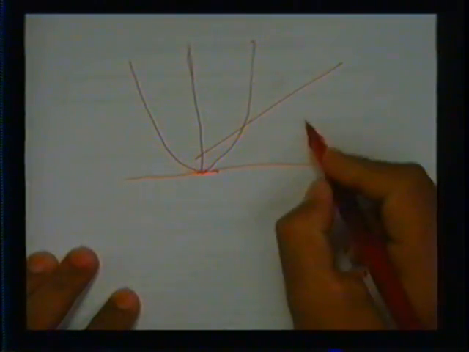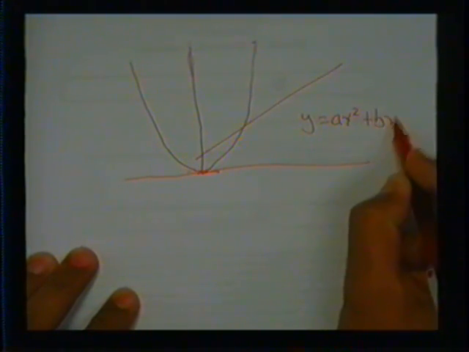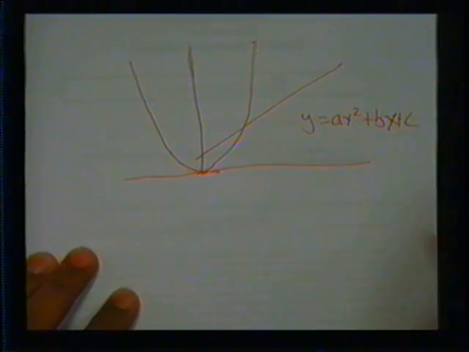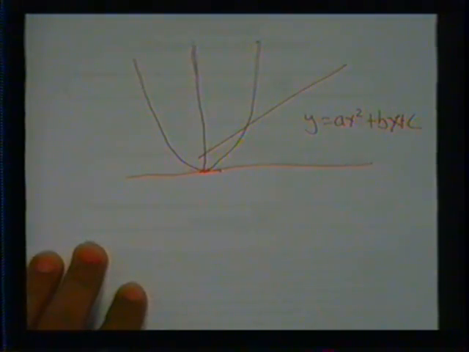And your equation is y is equal to ax square plus bx plus c.